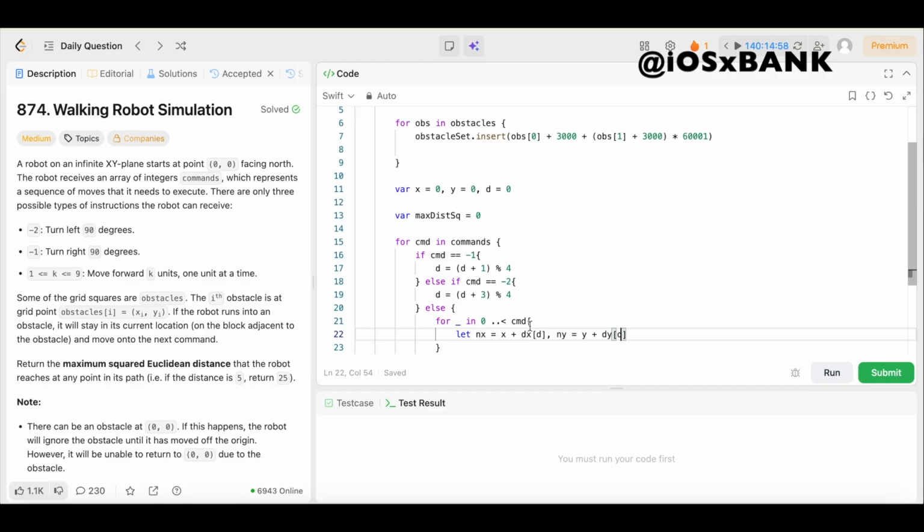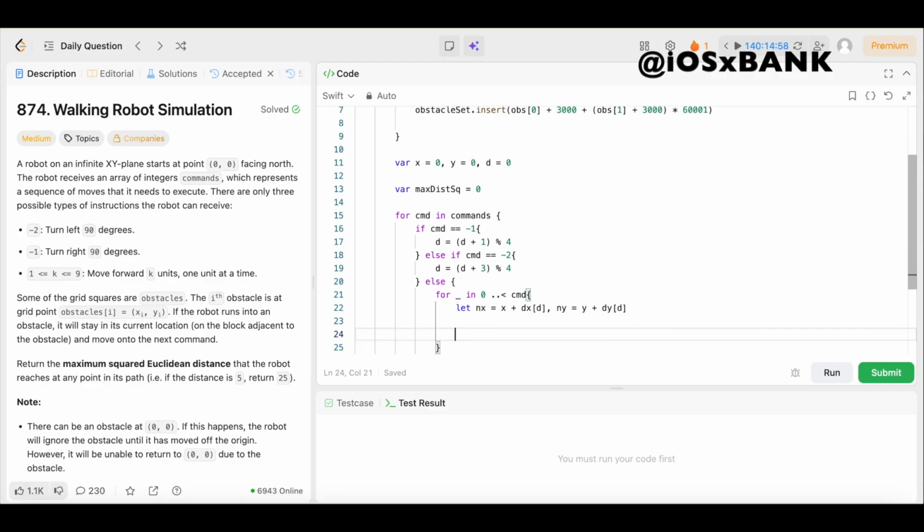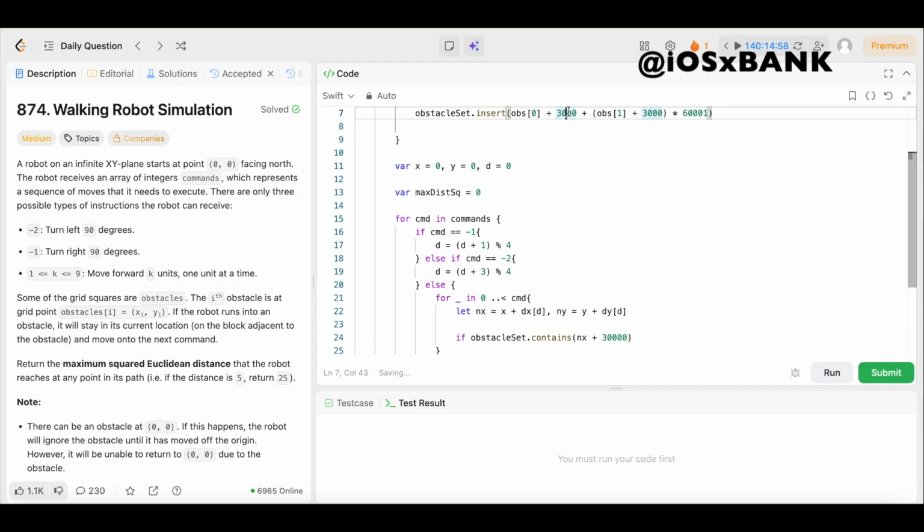So we'll come underneath that and we'll say if obstacle set dot contains, open up the parentheses, nx plus 30,000. We're going to make this 30,000 as well up here. Sorry about that. I said 3, but should be 30,000.